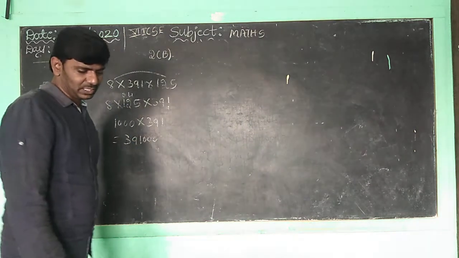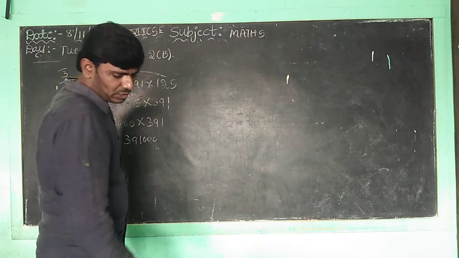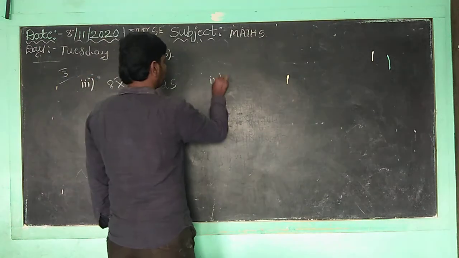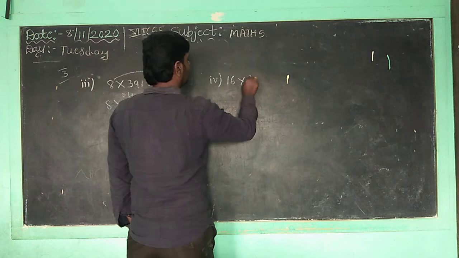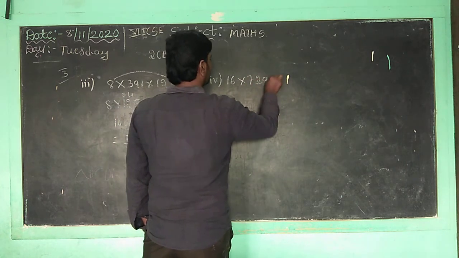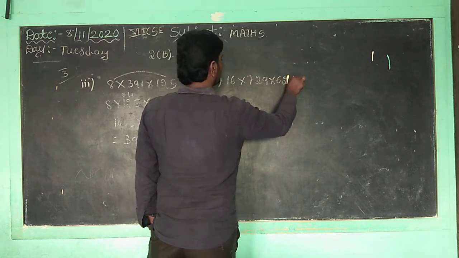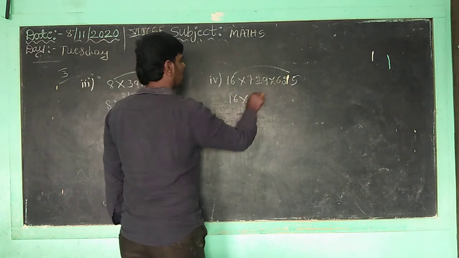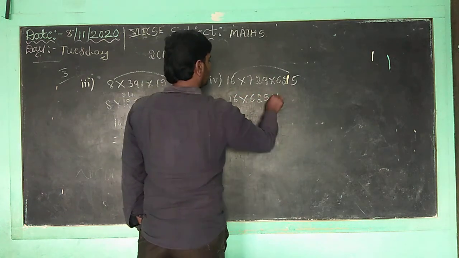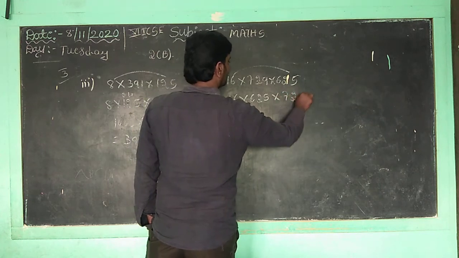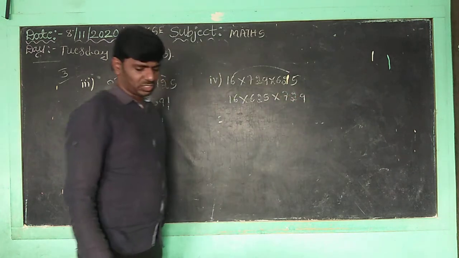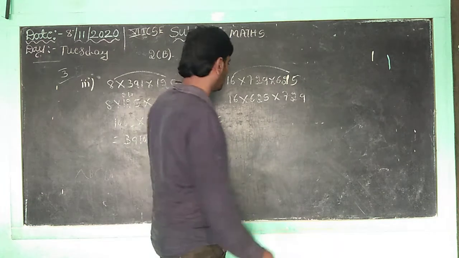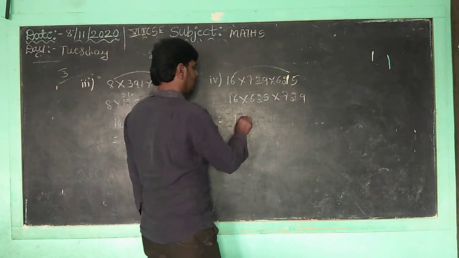Children, now we want to take the next question, 16 into 729 into 625. Children, first you want to multiply these two numbers. 16 into 625 into 729. Correct, children? What is 16 into 625? You already know that, children. That is also 10,000.